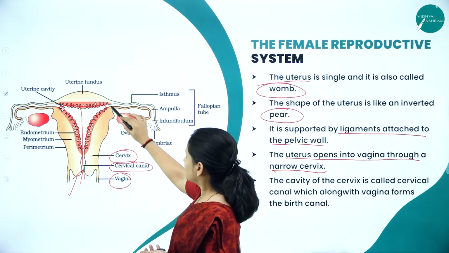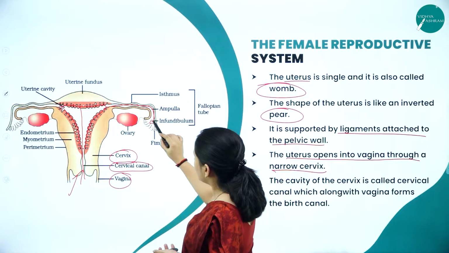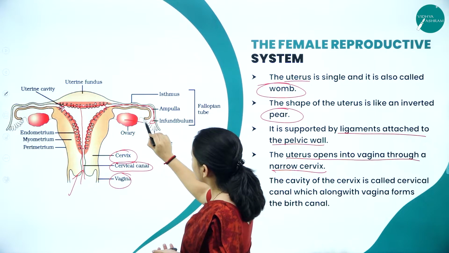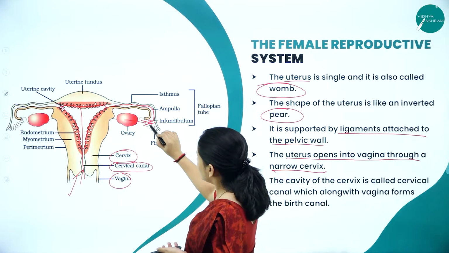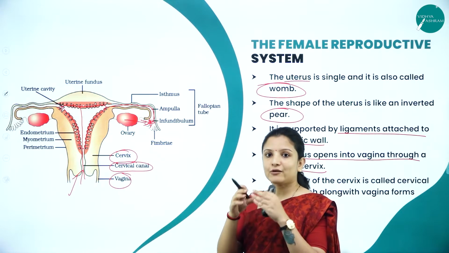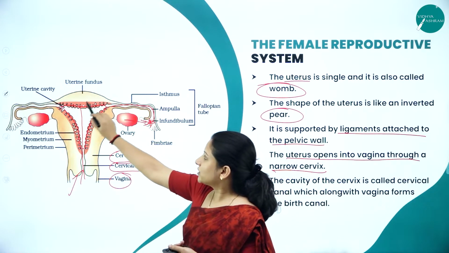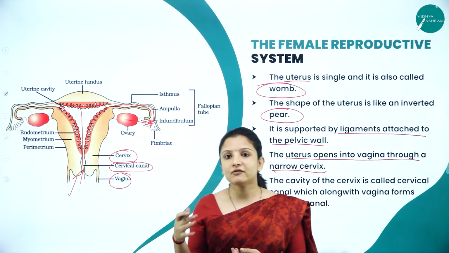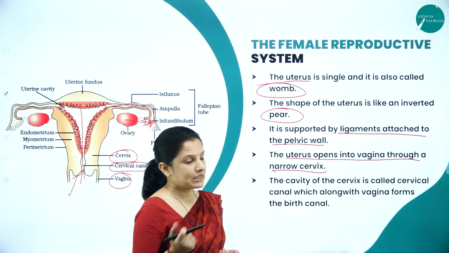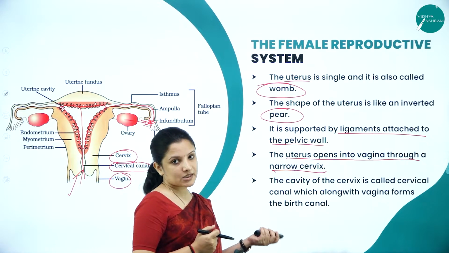It travels through the isthmus, then the ampulla, then the infundibulum, and the ovary produces the ova and passes it to the infundibulum. There the sperm and the egg will fertilize, and later the zygote that forms will travel and settle itself in the uterus. You will study fertilization and implantation in the coming sessions of this chapter.